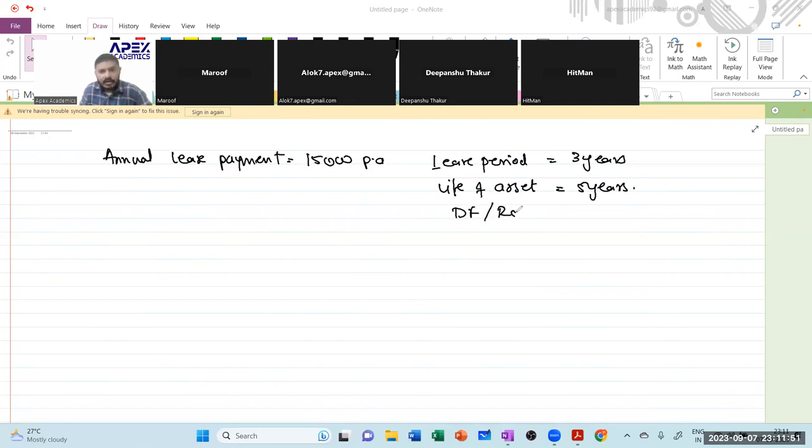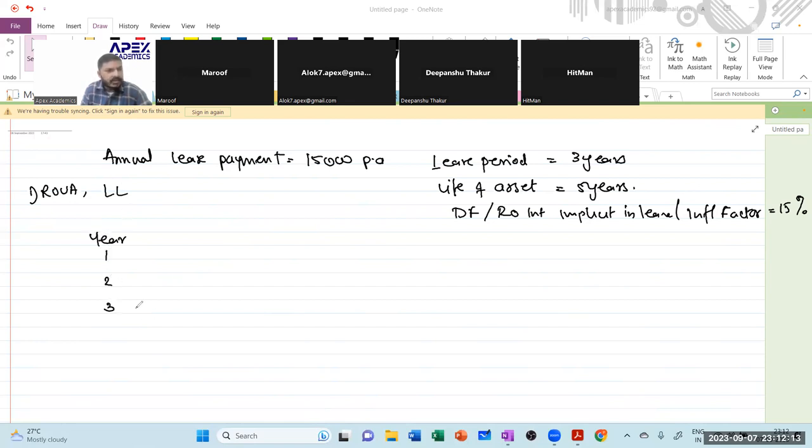Discounting factor, or rate of interest implicit in lease, inflation factor, whatever word they use, is equal to 15%. They are saying calculate right of use asset and lease liability. So year 1, year 2, year 3. What is your rent payment every year at the end of the year? It is 15,000. Here, the word payment made at end of year is very important. Why? I will tell you shortly.